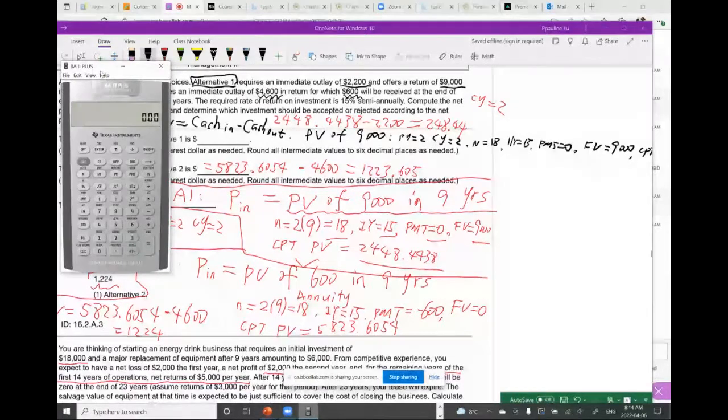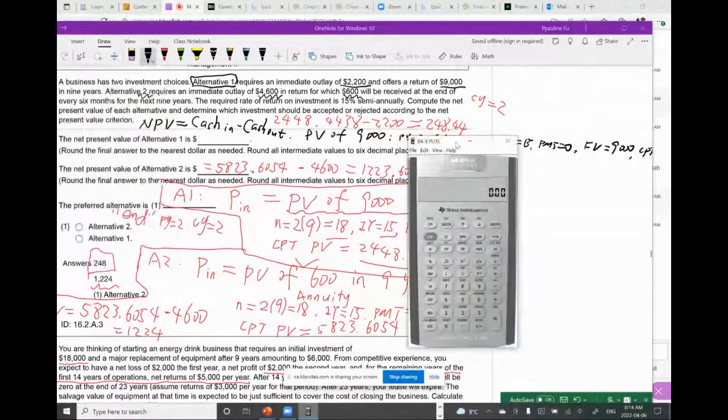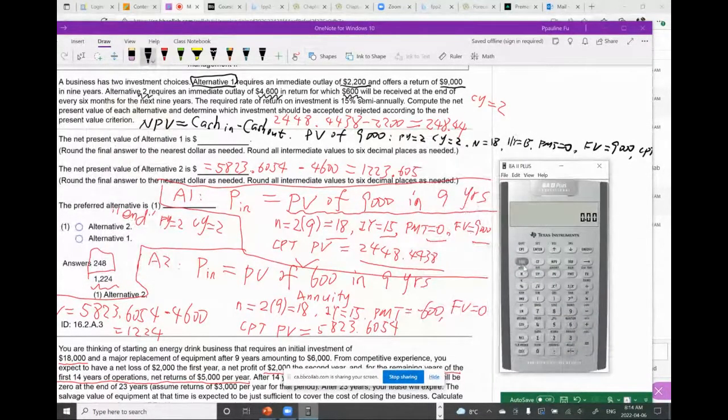Second quit. Then second PY, set PY equal to 2. Enter. Down arrow key. CY is 2.